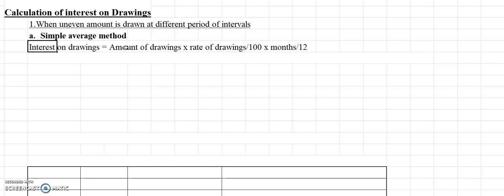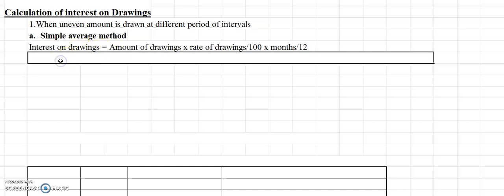Then months divided by 12, where 12 means a year. The months are how many months that amount of drawings is with that particular partner. So once again, interest on drawings is equal to amount of drawings into rate of drawings divided by 100 into months divided by 12.